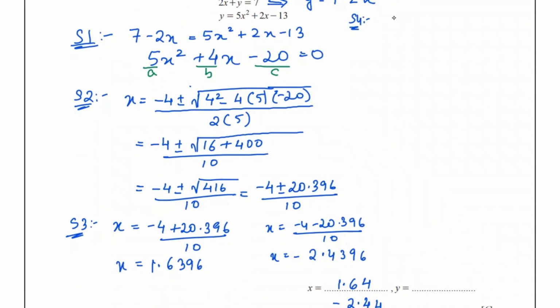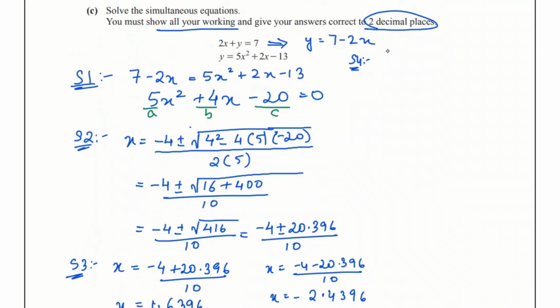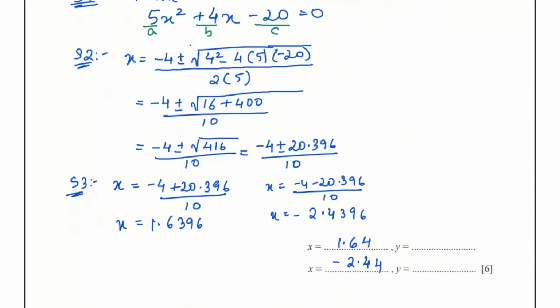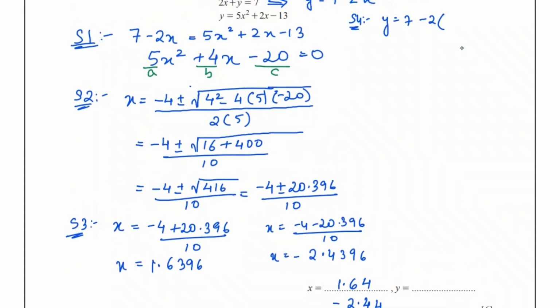Step 4, let's use this formula. y equals 7 minus 2 into 1.64.